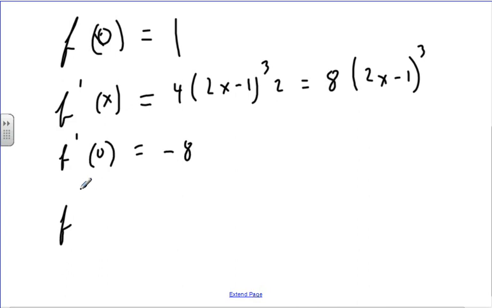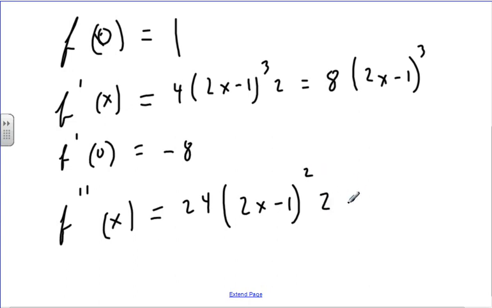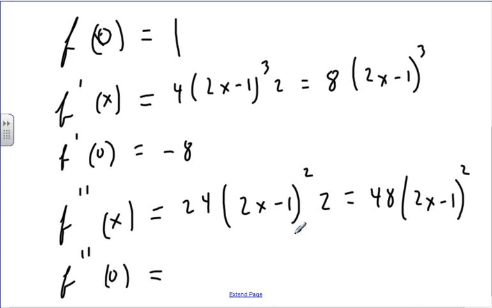F double prime of x. 24, 2x minus 1 raised to the 2nd times 2, 48, 2x minus 1 squared. F double prime at 0 is equal to 48.